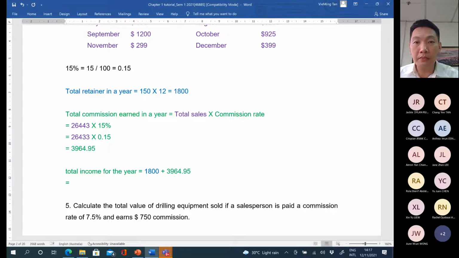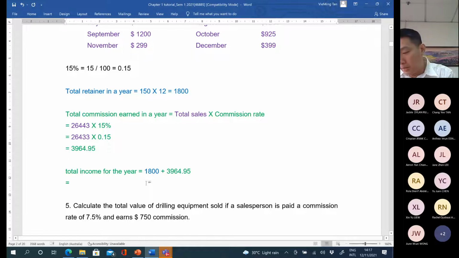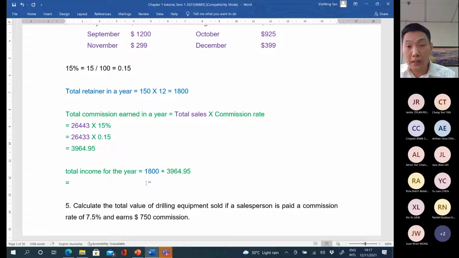What is the final answer? Sum up these two. Plus 1,800 is 5764.95. Because this is the final answer, we should leave the answer with a unit. Okay? So we should put a unit, then 5764.95.